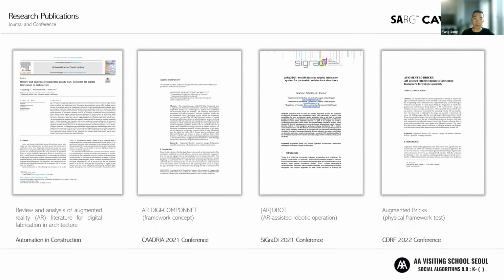And the third is AR Robot, which described the AR-assisted robotic operation method, and it was published in SIGRADI 2021. And the last is Augment Bricks, which describes our physical framework tests and findings. That was published in CDRF at Tongji University, China in 2022.